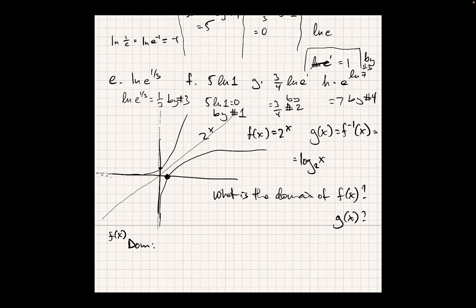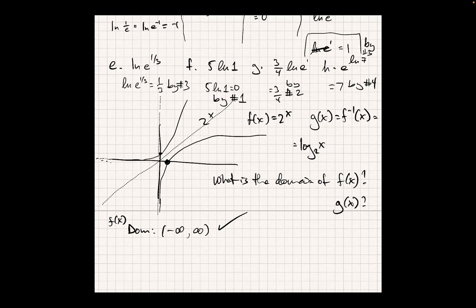Is the parenthesis positive, negative? Parenthesis, negative infinity, comma, positive infinity. Okay, that's one way. That's correct. Kira, what's another way to write that?